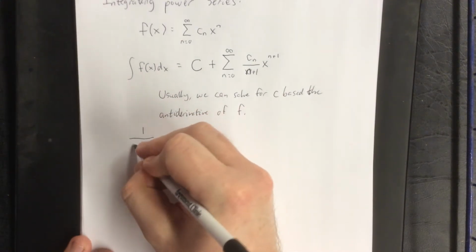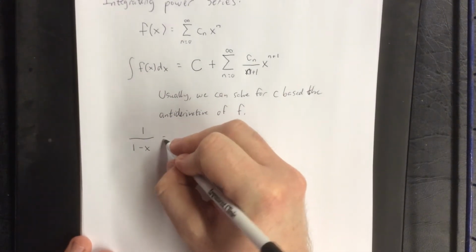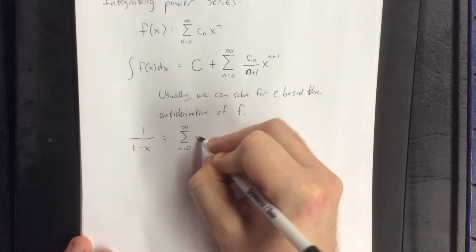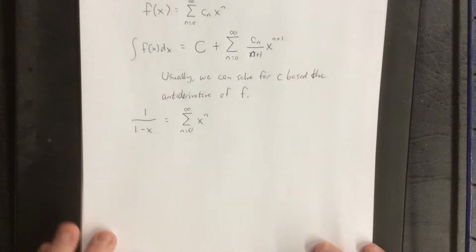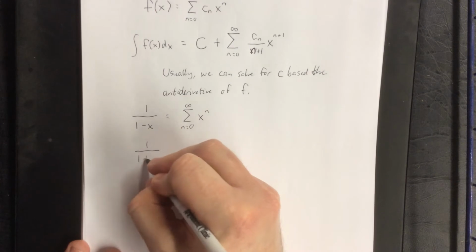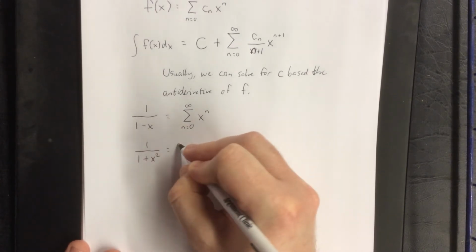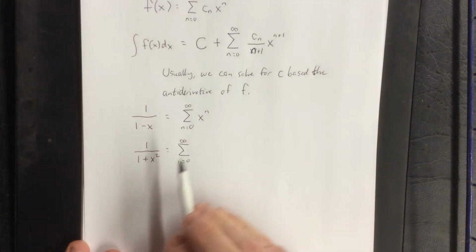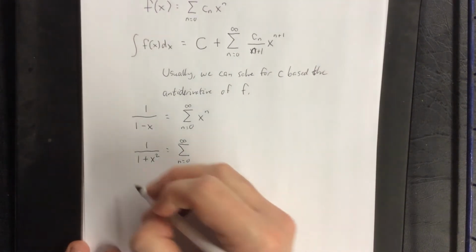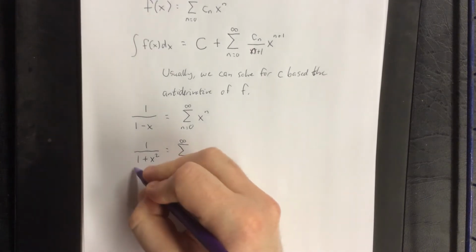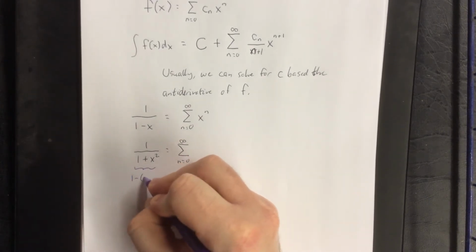We know that 1 over 1 minus x is our quintessential example of a power series. Now, how does this process change if I turn it into 1 over 1 plus x squared? Well, the only thing that's going to need to change is that rather than having x raised to the n power, we could think of this right here as 1 minus negative x squared.